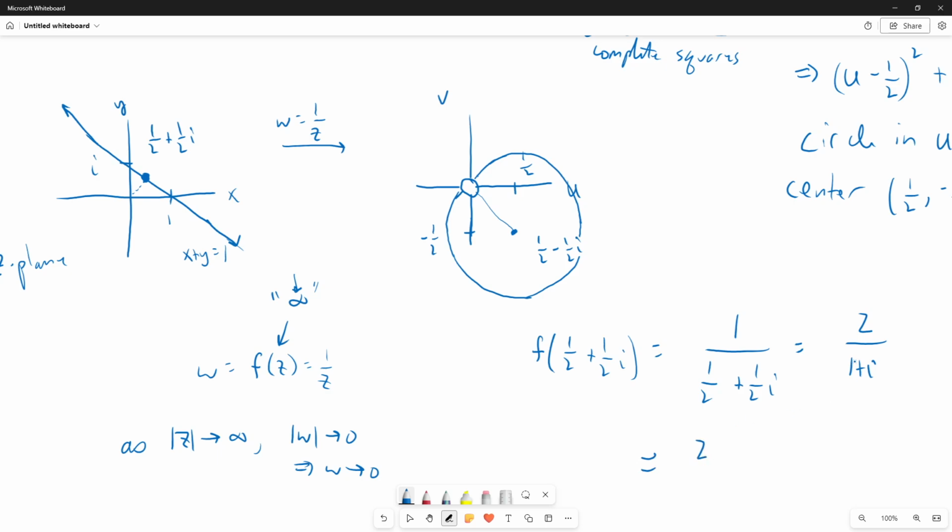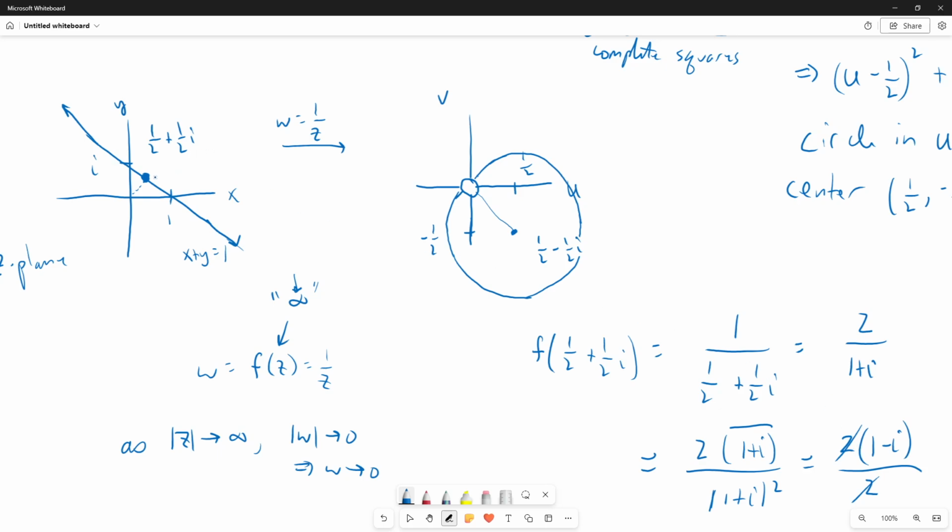And then 1 over 1 plus i would be 1 plus i bar divided by the modulus of 1 plus i squared. And this is 2 times this conjugate, 1 minus i, and this modulus is the square root of 2, so squaring it gives us 2, and the 2's cancel.